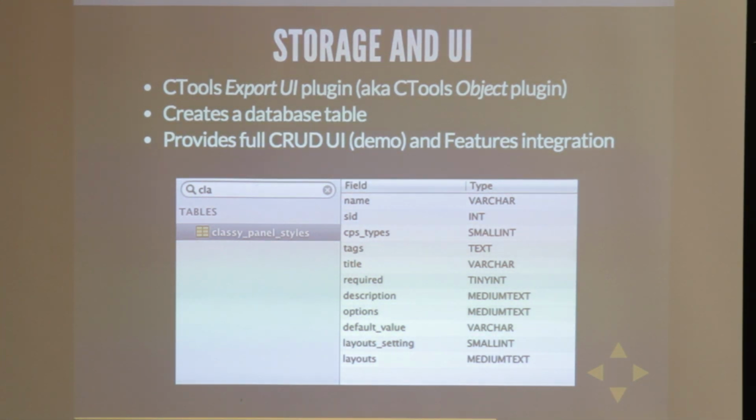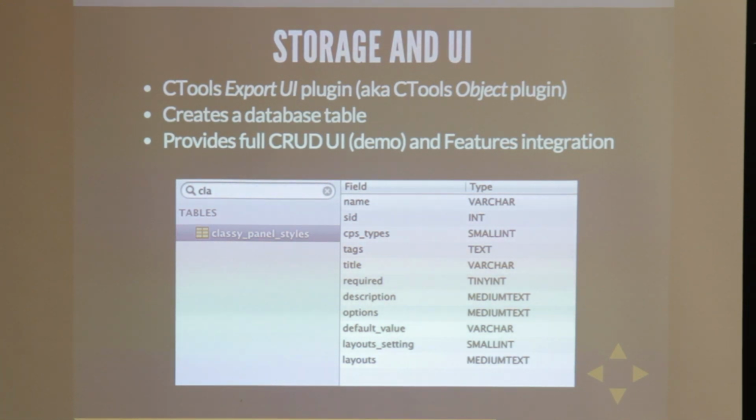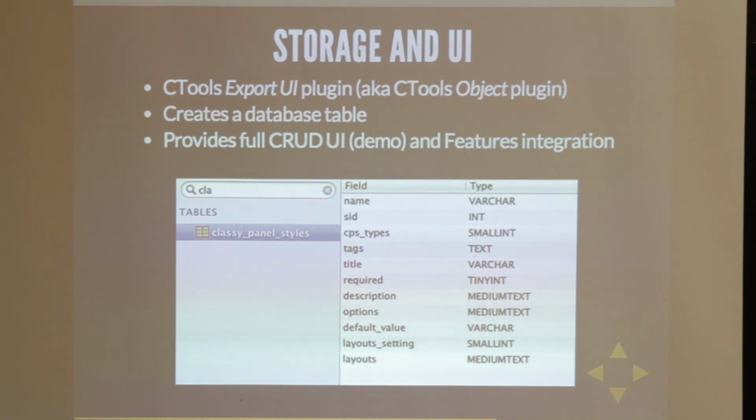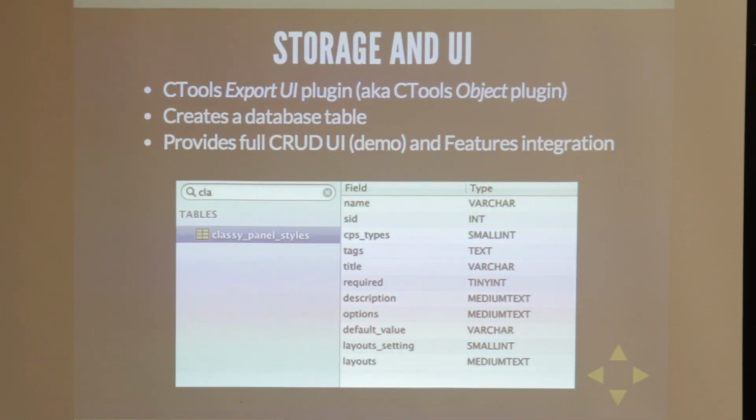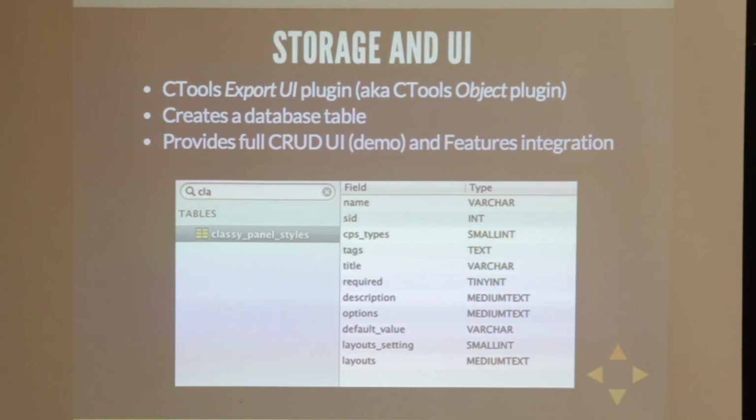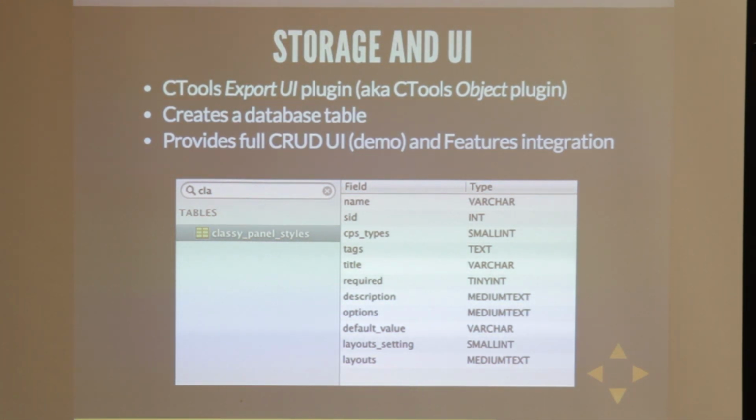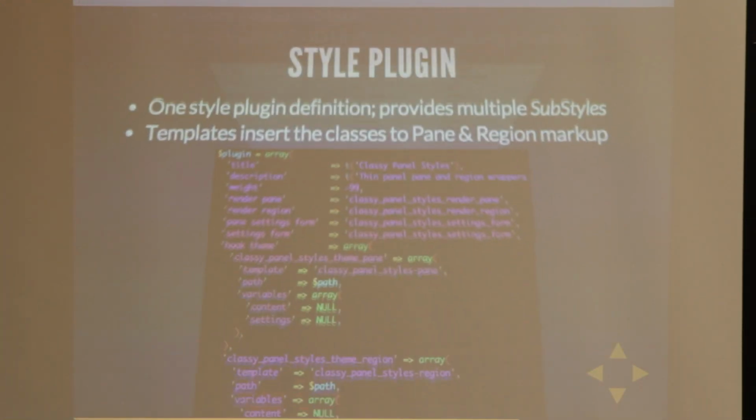It makes it very easy to featurize, and it's just a really great way to define settings for a module beyond just using Strongarm, besides using the Drupal variables too, which was my first approach. At first I just shoved everything into a Drupal variable and it was great, but it made it really hard to manage. So now you get the full CTools suite of cloning, exporting, importing, all that stuff just baked right in because of this plugin that we're using.